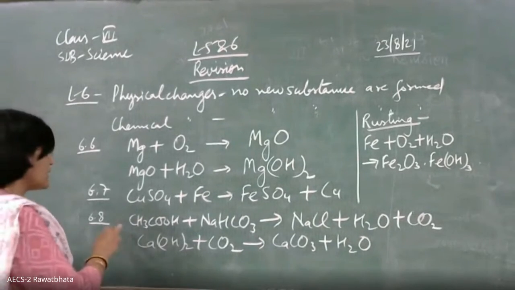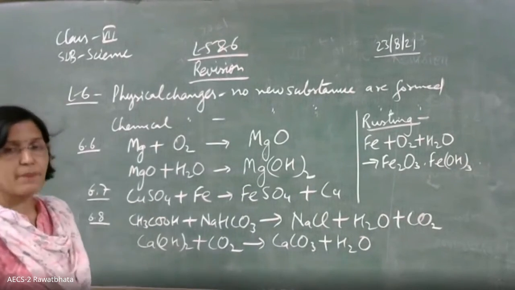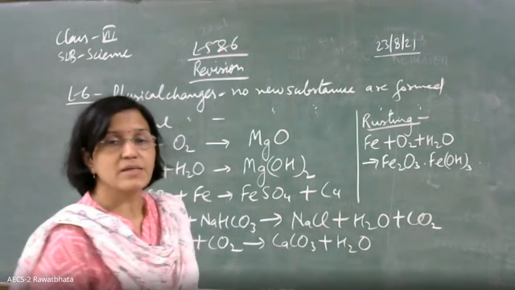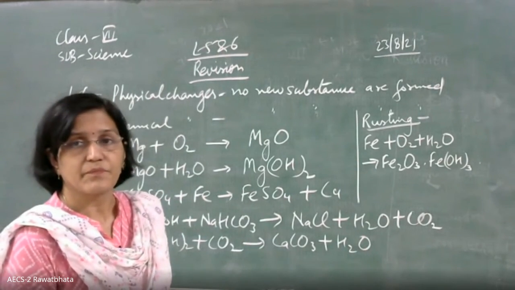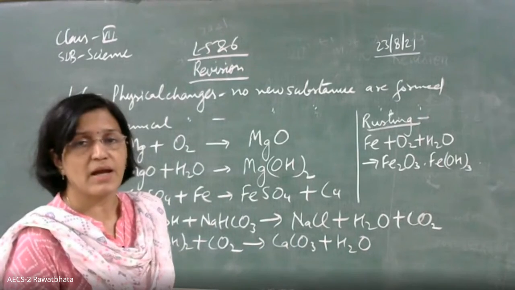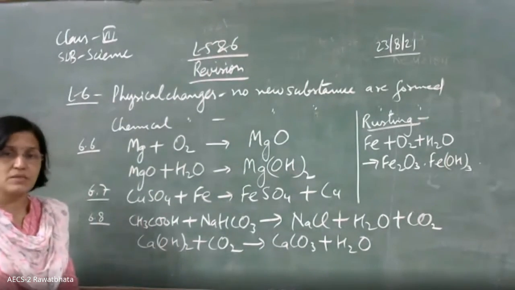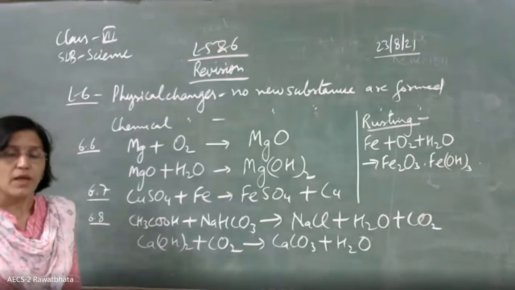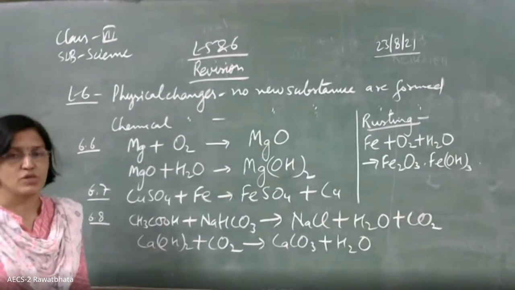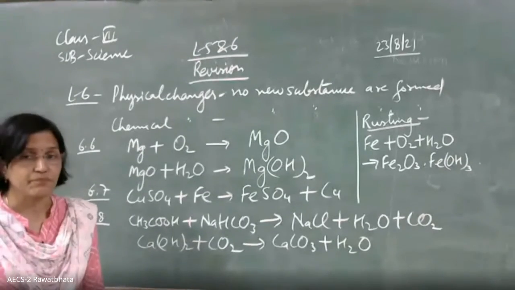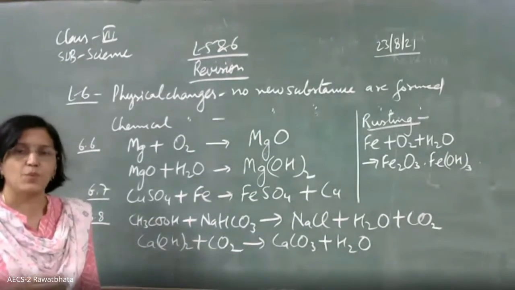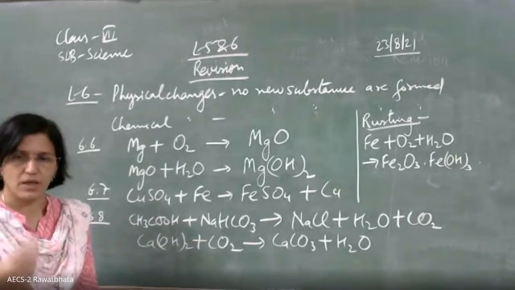Well, the next one, wherein we are taking up acetic acid or vinegar, and with that acetic acid, we are adding a base available at home, that is sodium hydrogen carbonate or baking soda, and there we can see the bubbles of carbon dioxide coming out.